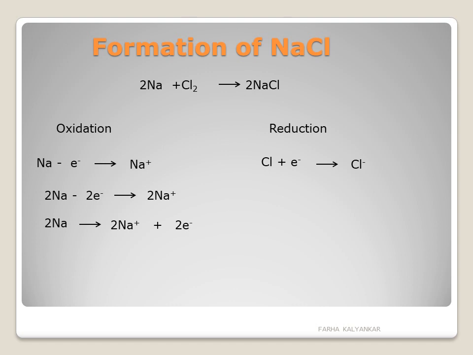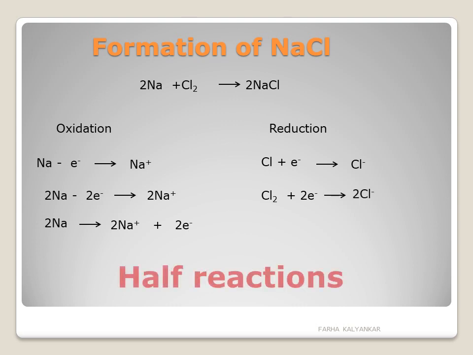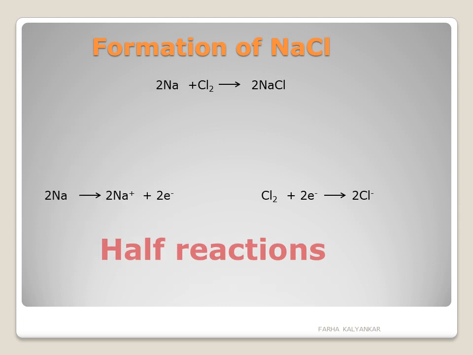So the second equation is Cl2 plus 2 electrons will give me 2 chlorine anions. These 2 equations are called half reactions.